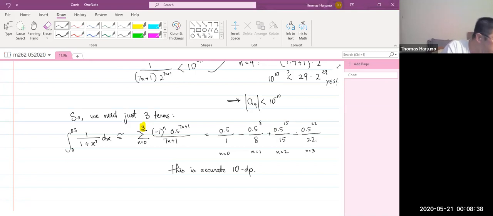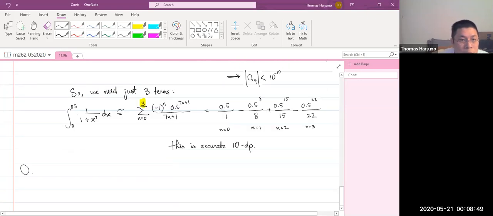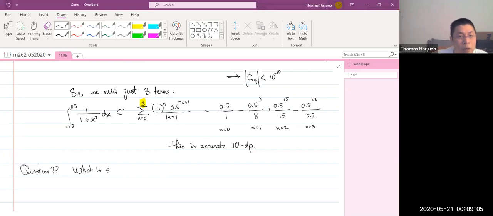Now, if possible, you take a look at this question here. A big question: what is pi? Now, we know that pi is approximately 3.141 something, or 3.142 basically, right?